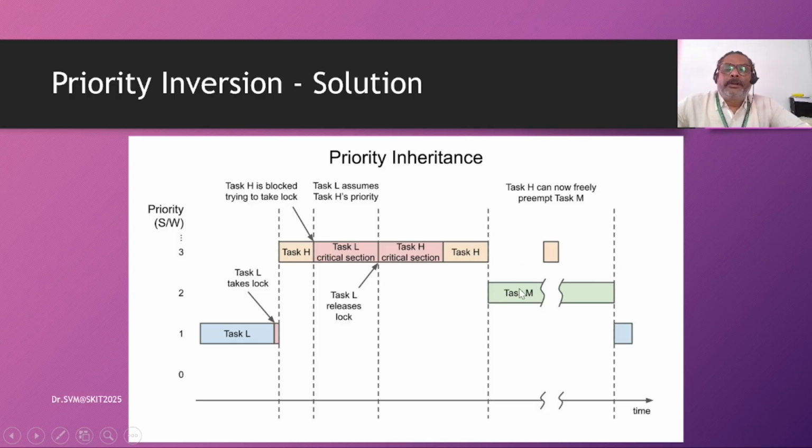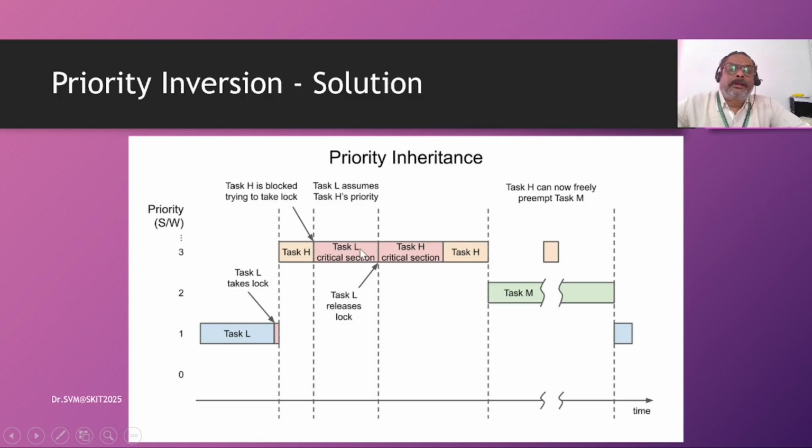On the way somewhere a medium level task has come in. Here we have a task working at priority 3.